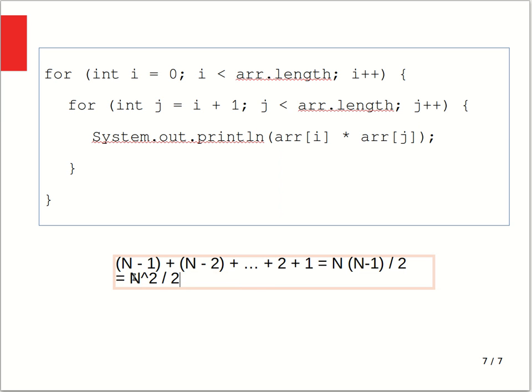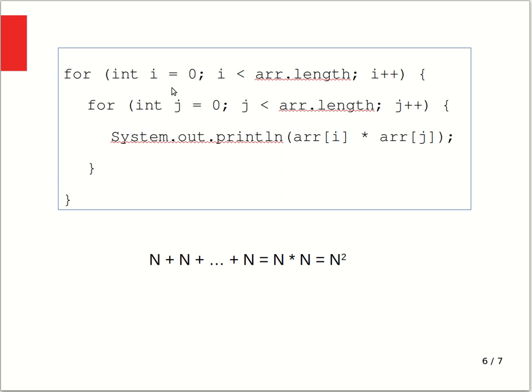And now we are left with n squared divided by 2. That's essentially 0.5 n squared. And don't forget, 0.5 is actually a constant. We have to drop the constant. So let's get rid of this 0.5, and we are left with O(n squared). So it turns out that this algorithm is also O(n squared), just like the previous algorithm.